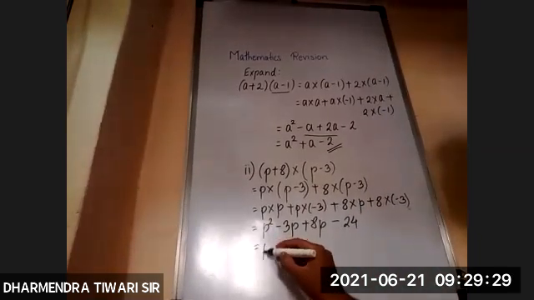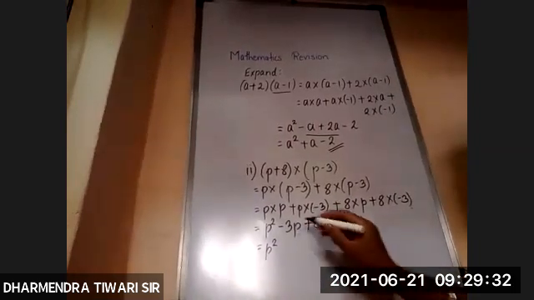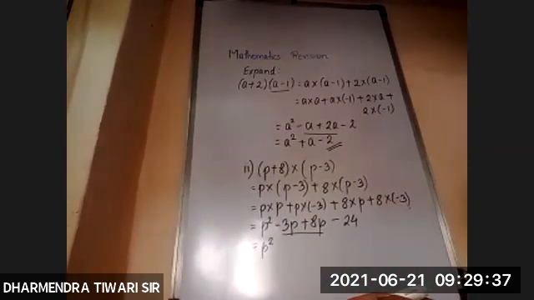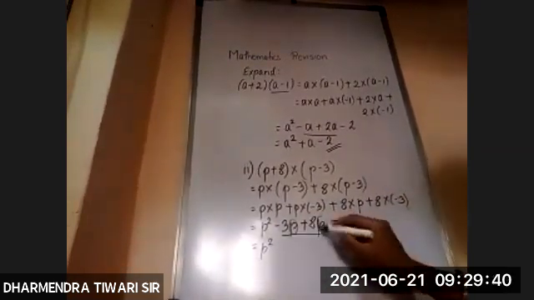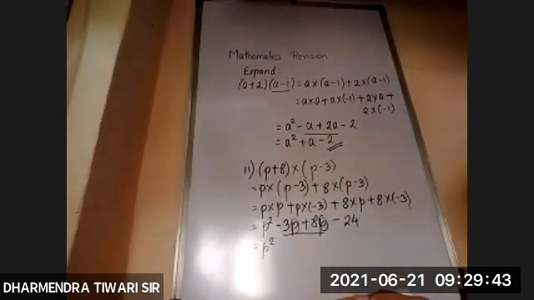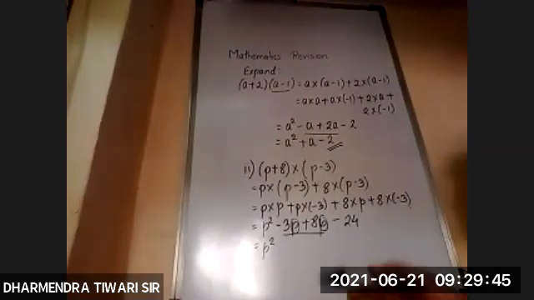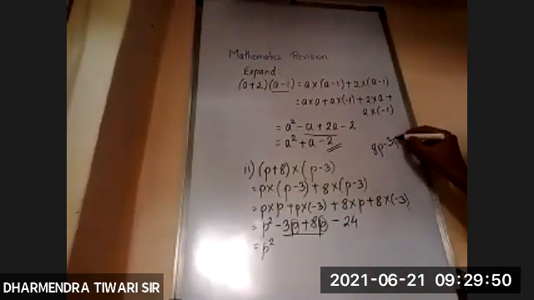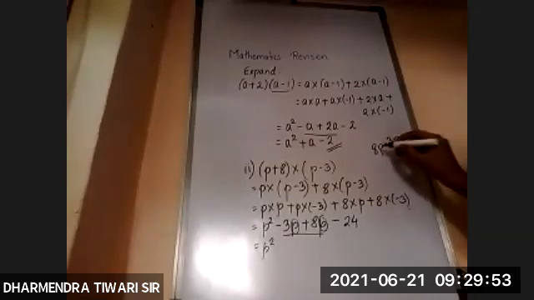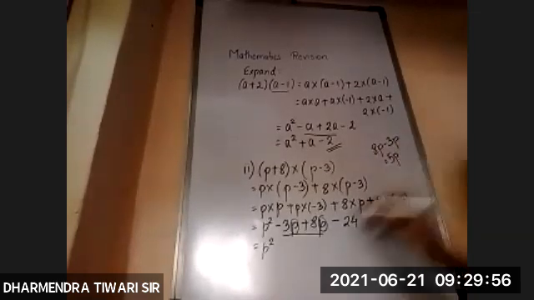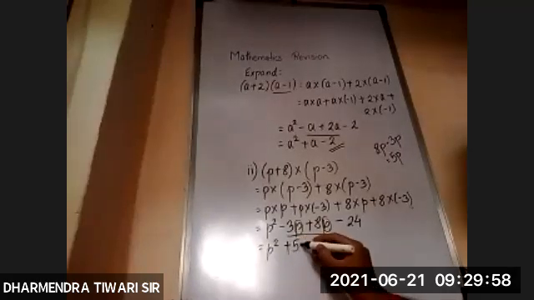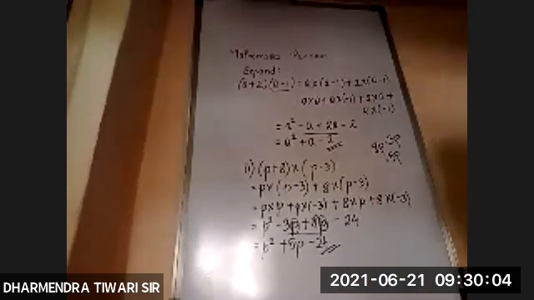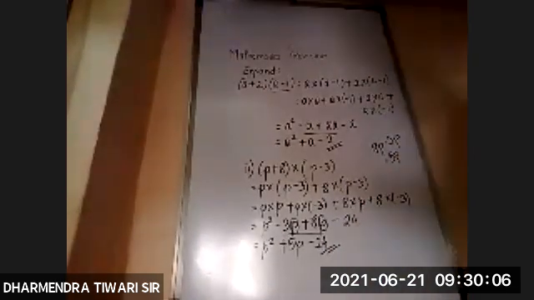So what do we get? p square. Now these are two same terms, same in the sense they have p common. That's why I'm saying same term, otherwise they have different coefficients. So 8p minus 3p, taking 3 out of 8, answer is 5p. Right here, 5p minus 24. Done. We have concluded this problem.